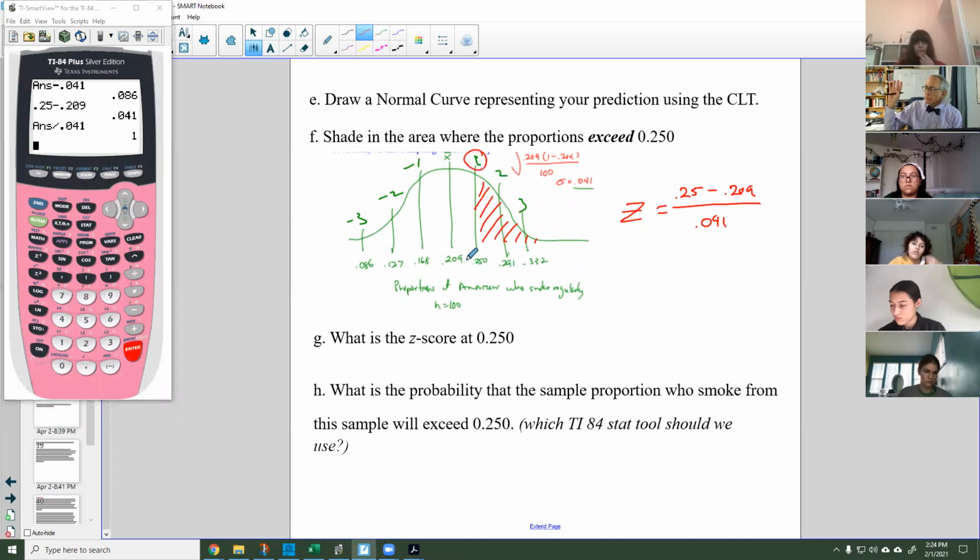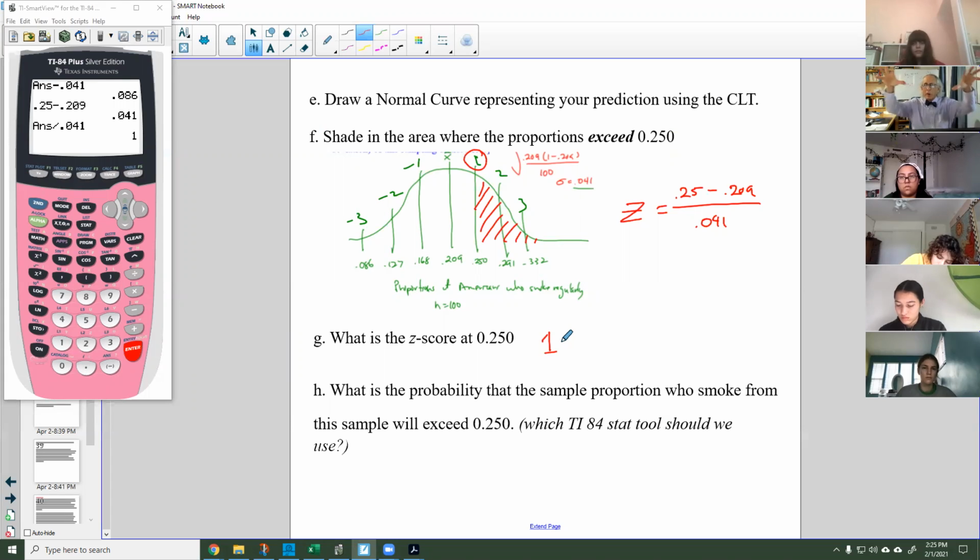Everybody okay with that? This is an important point that a lot of people forget, that the standard deviations that we put on our model right here, those just happen to be our integer value z-scores. There's a lot of z-scores between 1 and 2, between 2 and 3 that we have to use a formula to calculate, but these are z-scores also. They just happen to be integer values of z-scores. Okay, so the z-score is 1. So here we go.